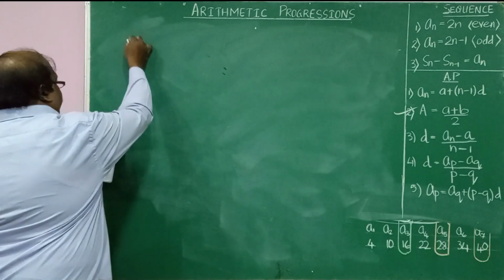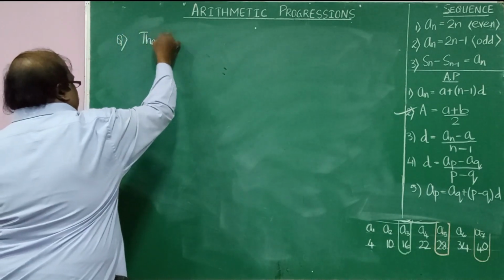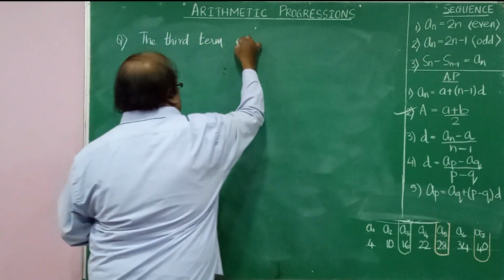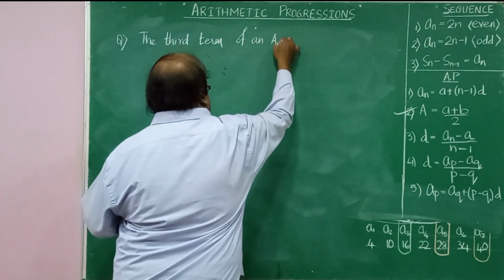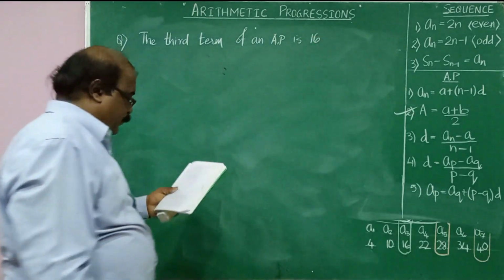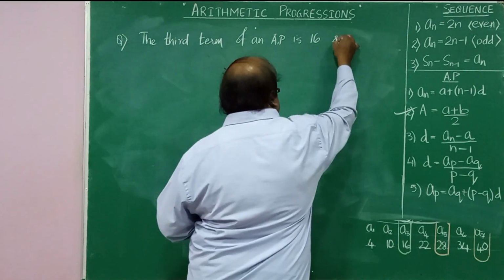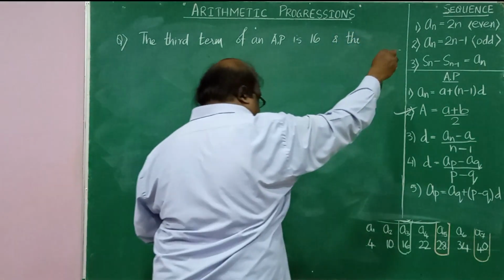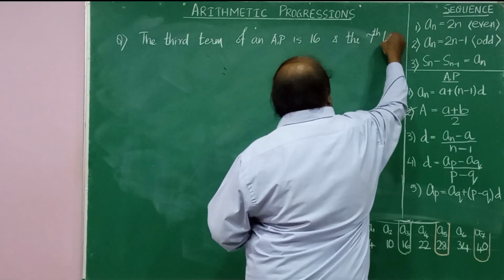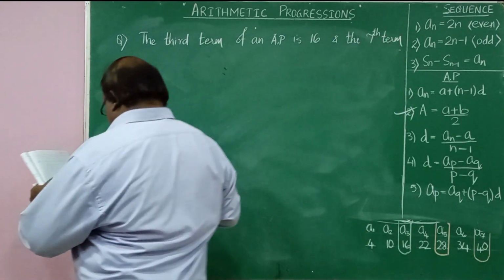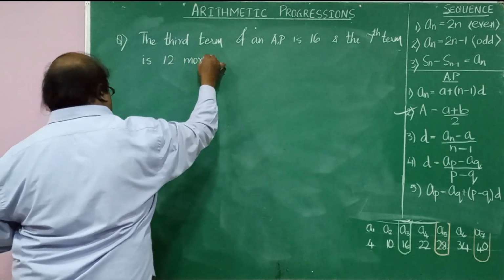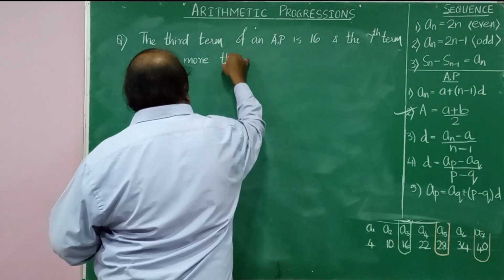The third term of an AP is 16 and the seventh term is 12 more than the fifth term.